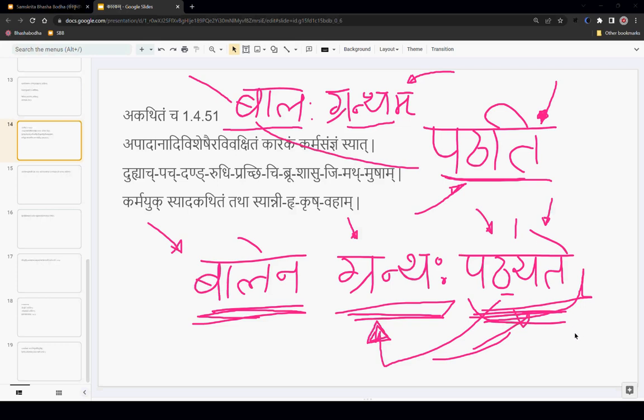Obviously the kriya pada don't have lingam, only vachana. So, for example, here balena granthaha, if he is reading many granthas, what will be the kartari prayoga?